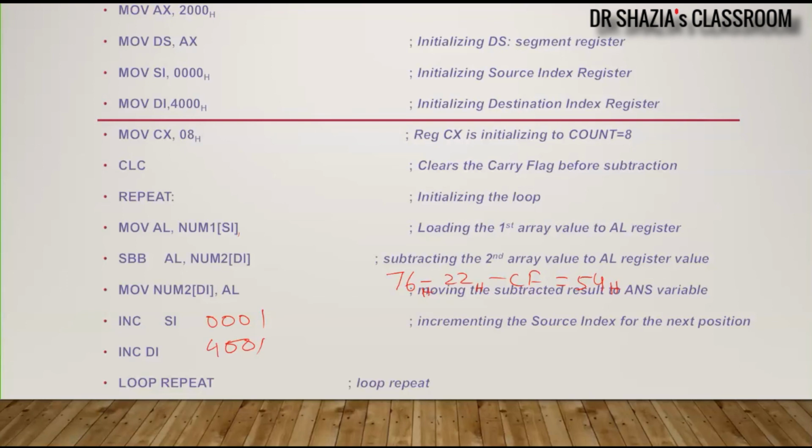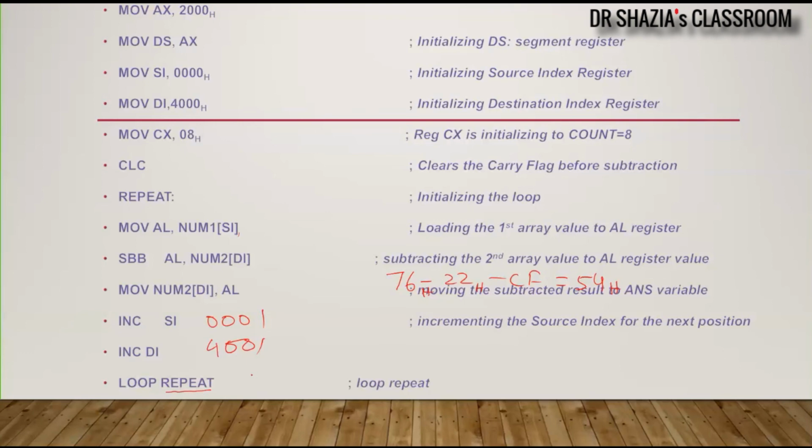So what will this LOOP instruction do? Loop instruction is one type of jump instruction, and it will jump to the specified label. In this case, the label name I have used is repeat. Loop is a complex instruction. Actually, it performs two operations.